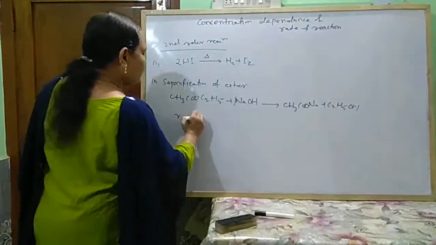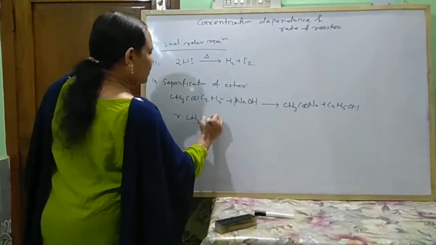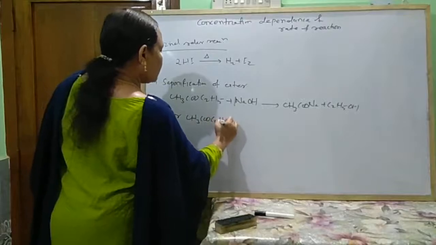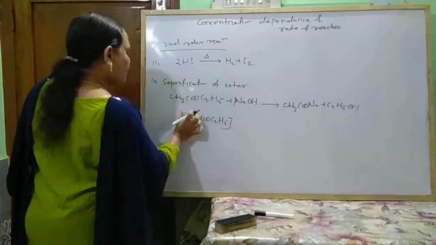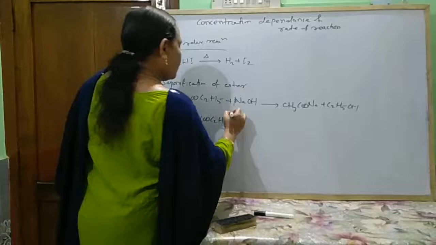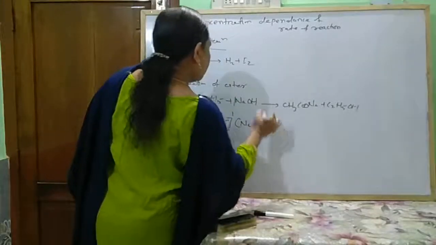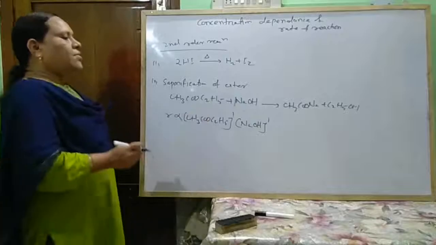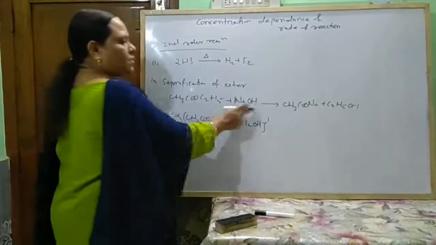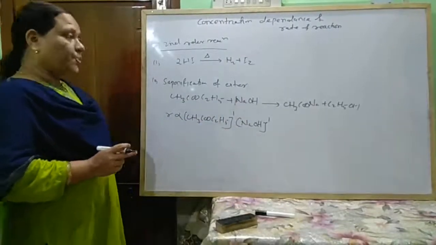Here rate depends on CH3COOC2H5 to the power 1 and NaOH to the power 1. In this way, the order of reaction is 1 plus 1, which is equal to 2.